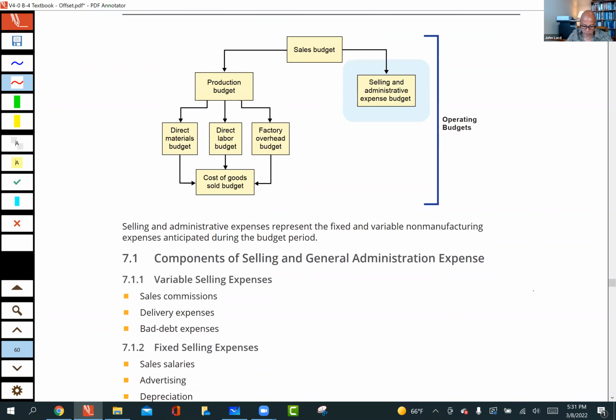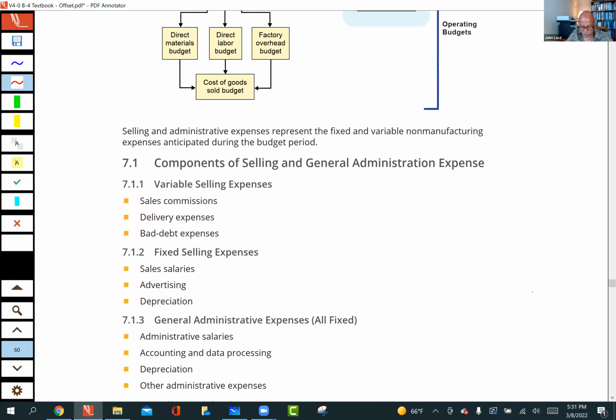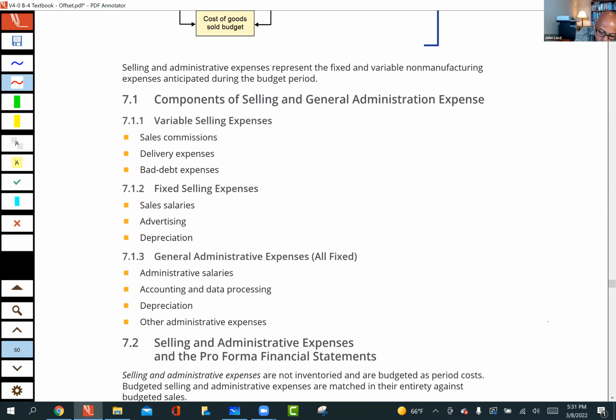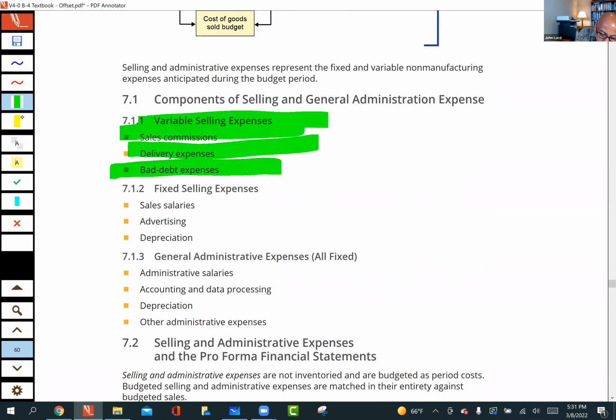And now we can start to look at our selling and administrative expenses. And notice, guys, that we have variable expenses like sales commission, delivery expense, bad debt expense. Just a reminder, selling and administrative expenses are what? Period costs. So they're all going to be expensed in the period incurred.